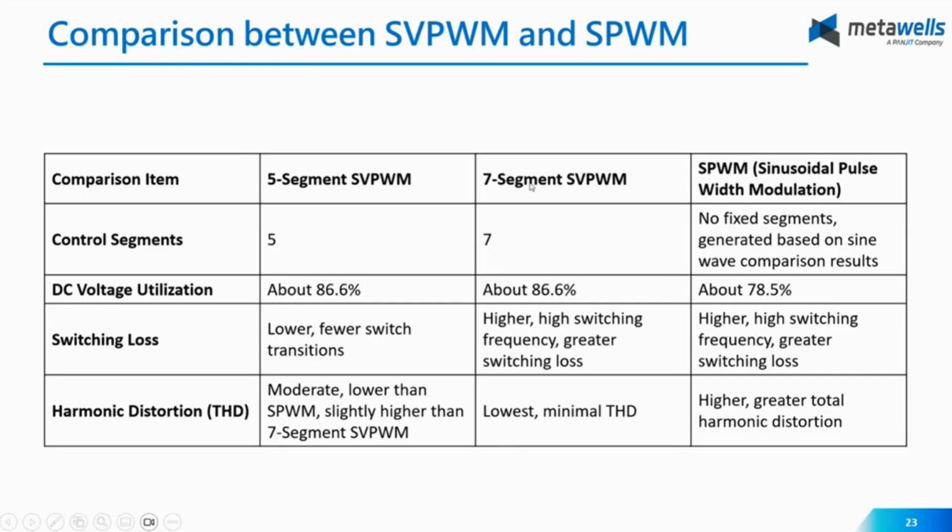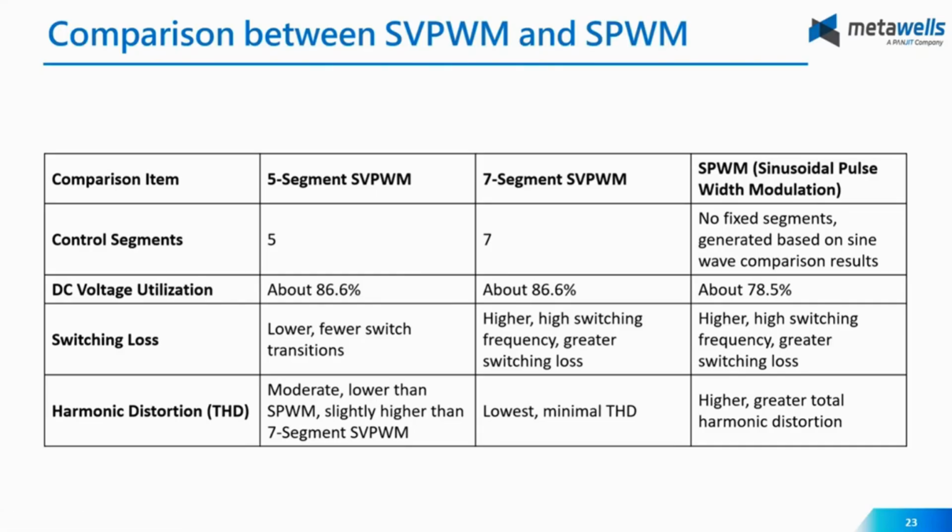In this table, I've compared key metrics such as DC voltage utilization and switching loss and total harmonic distortion. We usually call it THD for short.